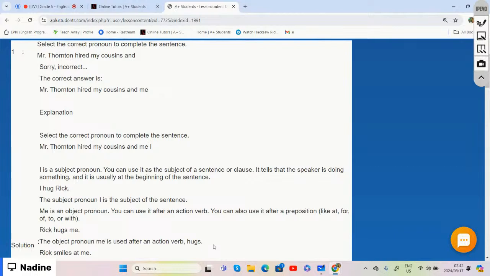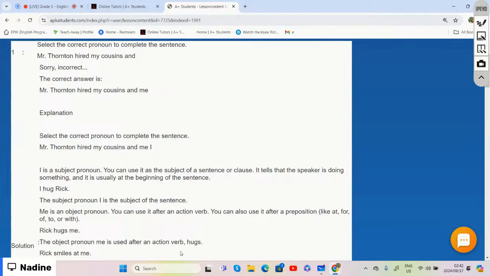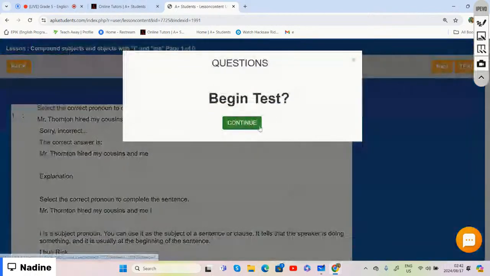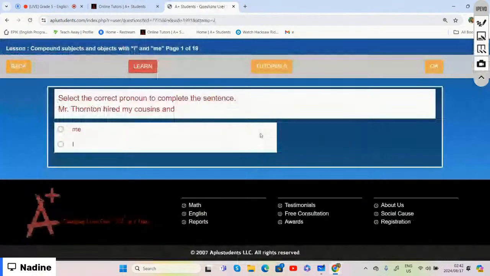All right. So now let us go here. We need to select the correct pronouns to complete the sentence. It says Mr. Thornton hired my cousin and, do we say "my cousin and I," or do we say "my cousin and me"?